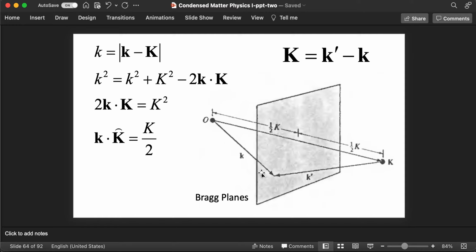So as long as K and K prime remain on this plane, the constructive interference condition will be satisfied. So that's one way to look at the diffraction, and this is of course known as the Bragg plane.